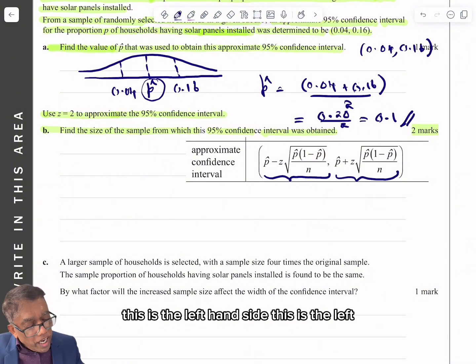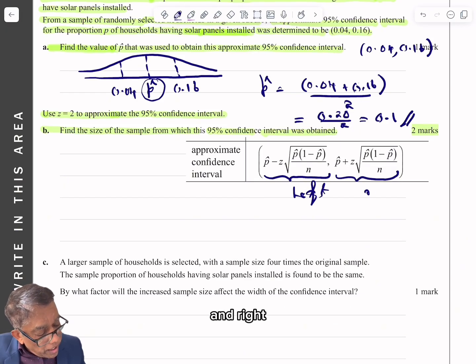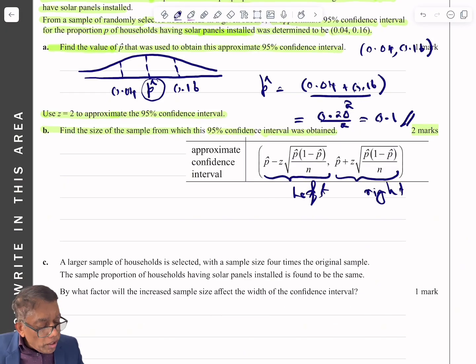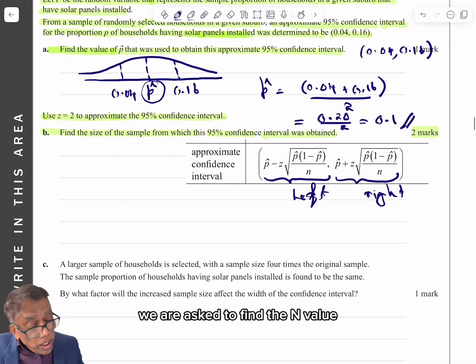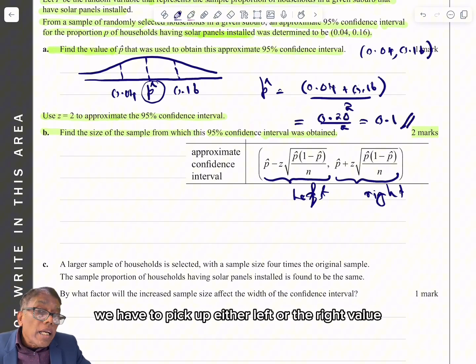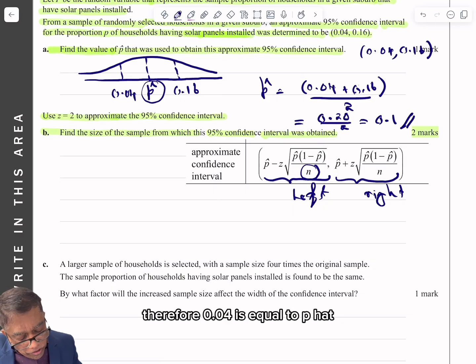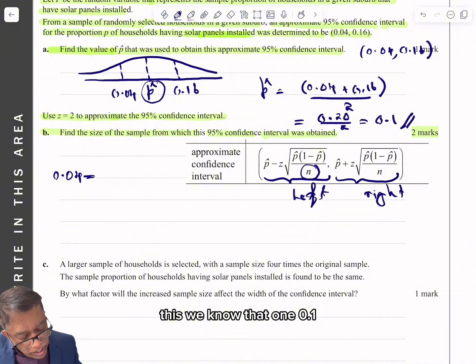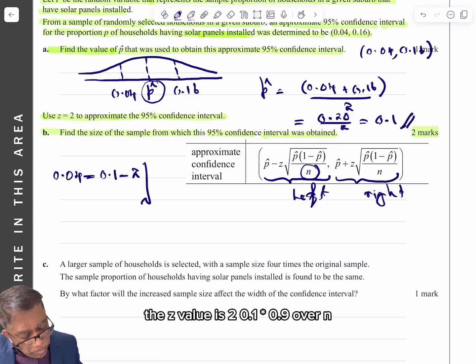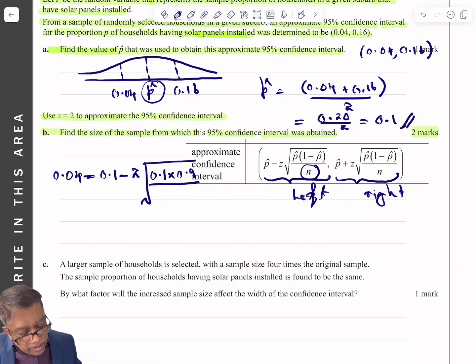This is the left hand side and this is the right. We are asked to find the n value, so we have to pick either the left or the right value. I'll pick the left hand side. Therefore, 0.04 is equal to p hat, which is 0.1, minus z, where z is 2, times the square root of 0.1 times 0.9 over n.